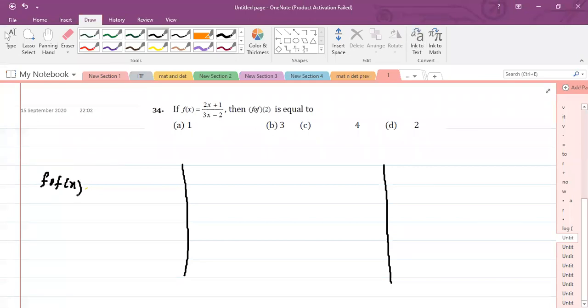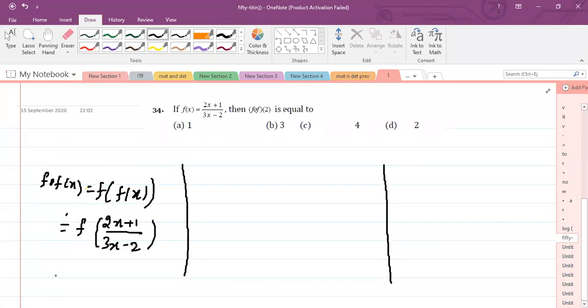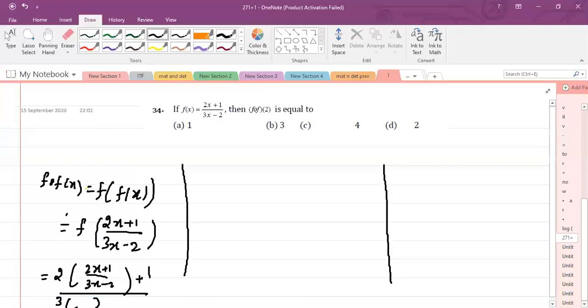f of x is 2x plus 1 divided by 3x minus 2. Again writing this one as 2 into 2x plus 1 divided by 3x minus 2, plus 1, divided by 3 into the same element minus 2.